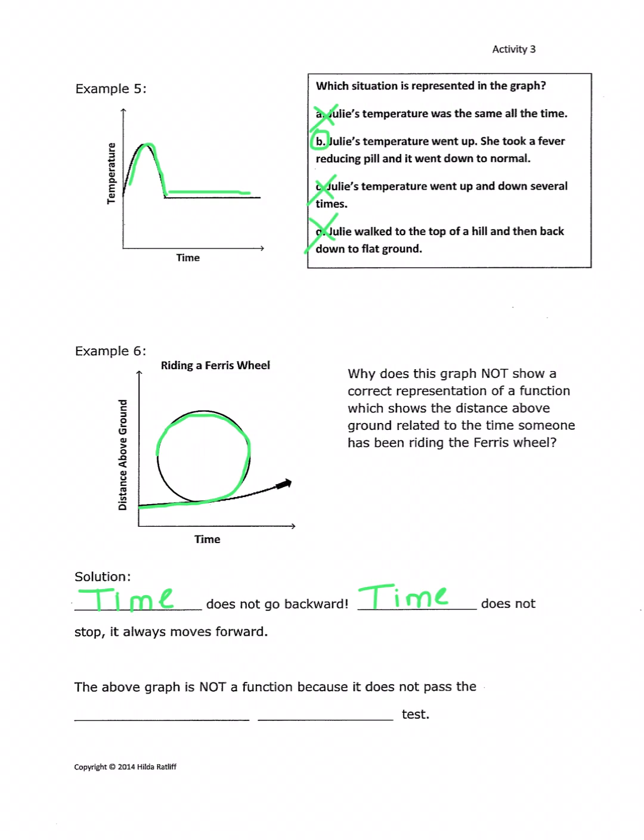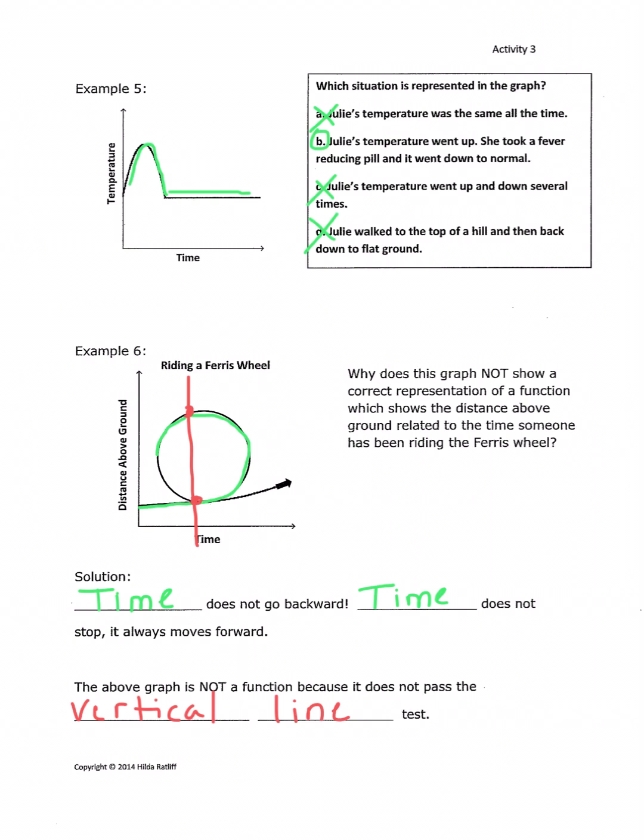The above graph is not a function because it does not pass, if you remember, our vertical line test. So if I were to draw a vertical line anywhere in this function, it's only allowed to touch in one place. Here it's touching that function in 2 places, so that is why it is not.